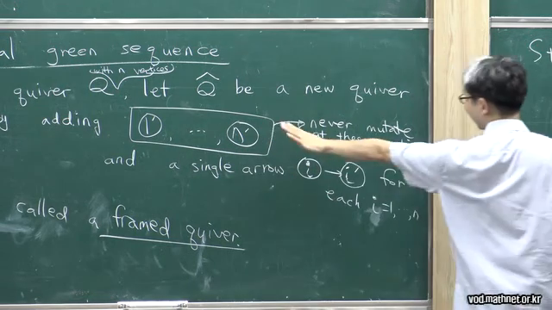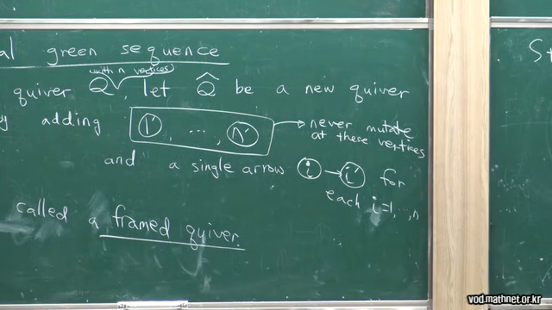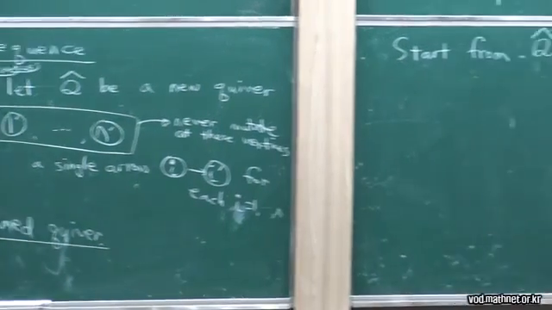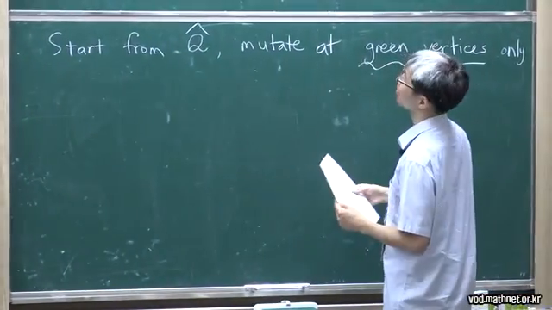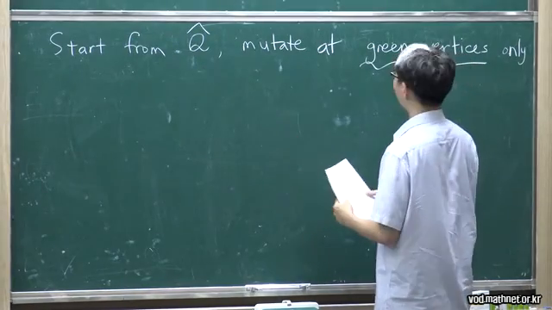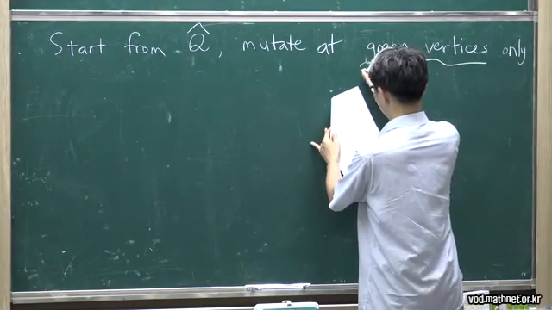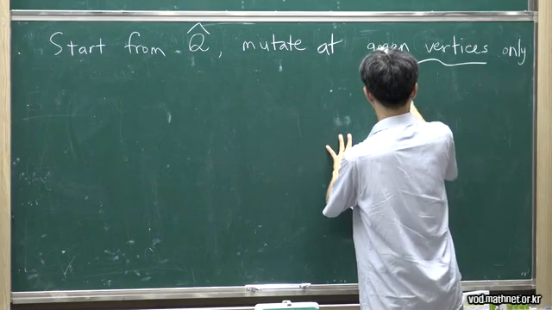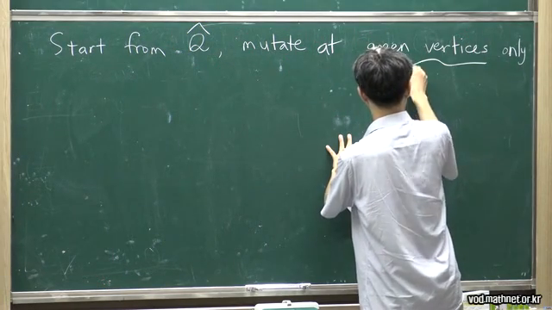So we never mutate these new vertices, and we mutate only old vertices, but the ones that have no arrows from the new vertices.